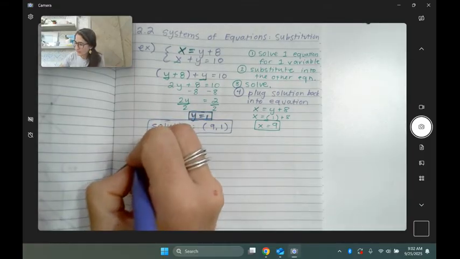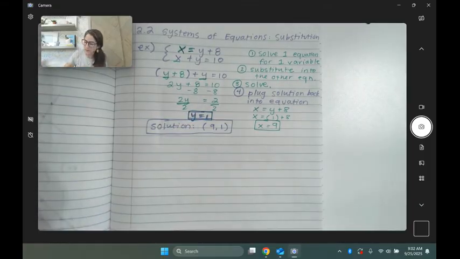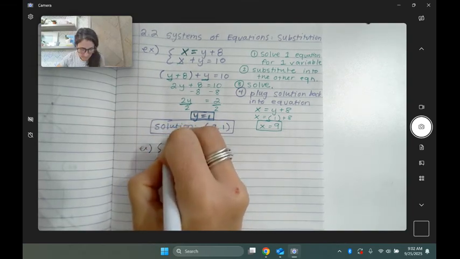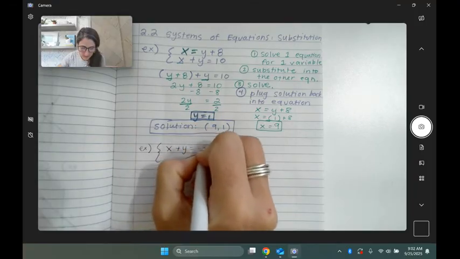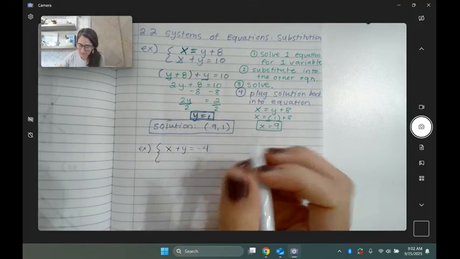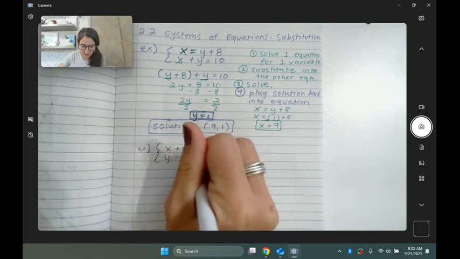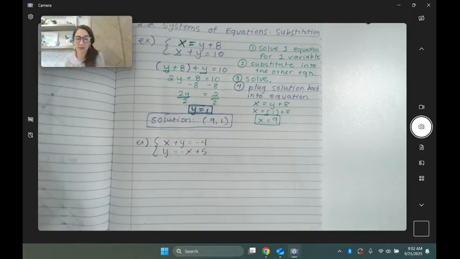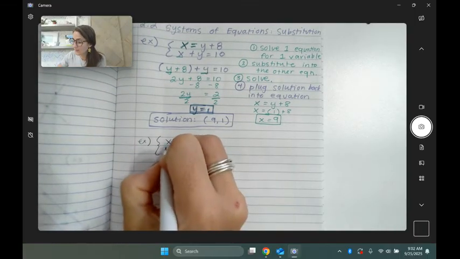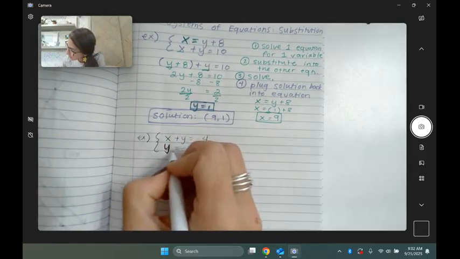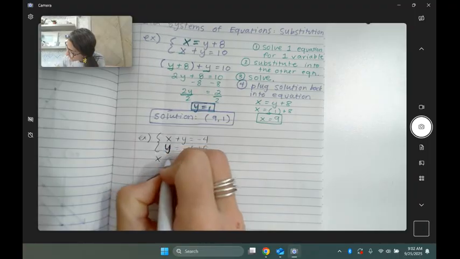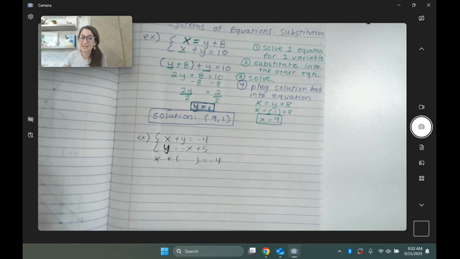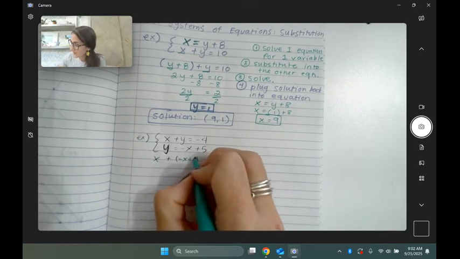Another example. Let's do it. X plus y equals -4, and y equals -x plus 5. Okay, so again, this one, step 1 is done. There's already one equation solved for one variable. Check. So what I'm going to do is write out the top equation, but instead of y, I'm going to write what y is equal to, -x plus 5.